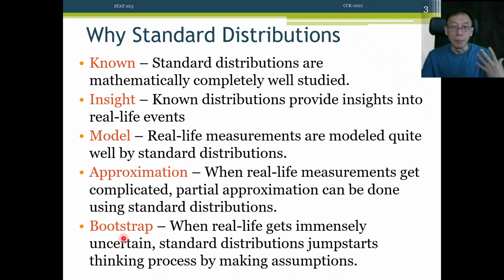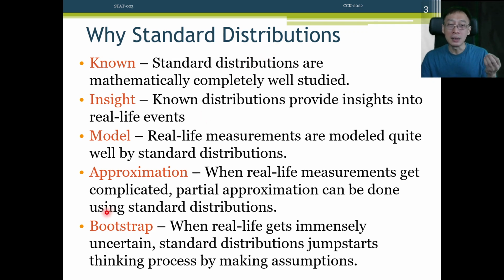So by using standard distributions, we have the ability to start this modeling process, rather than saying we have to have somebody die first and then we can measure, or somebody getting into serious illness first before we can even think about modeling.